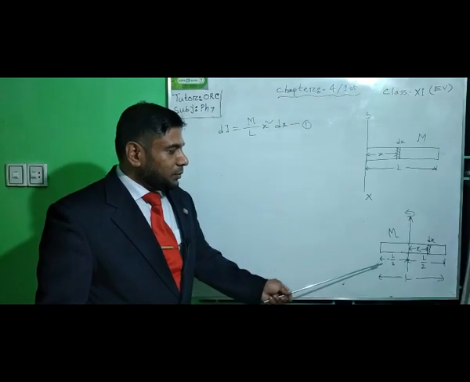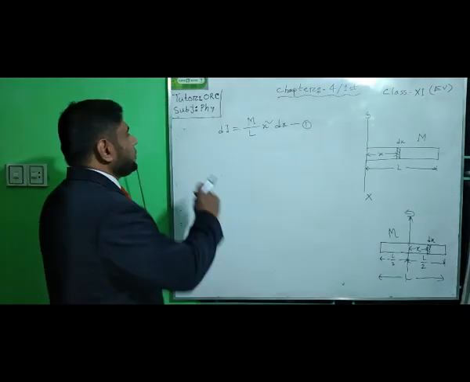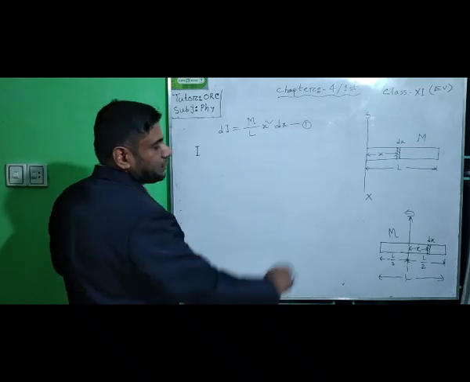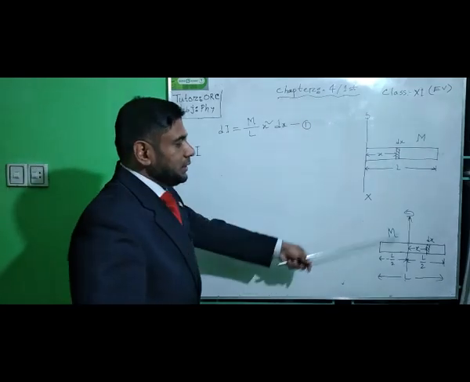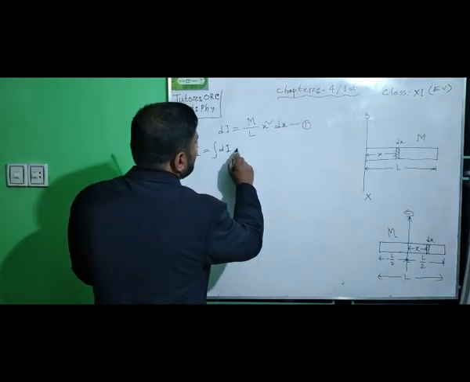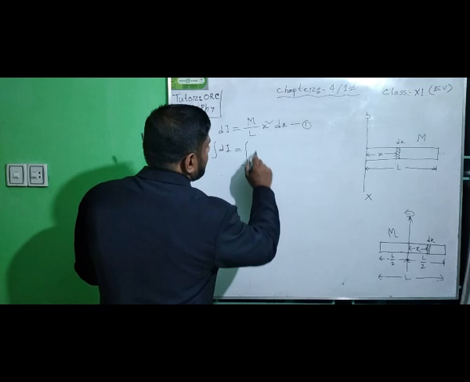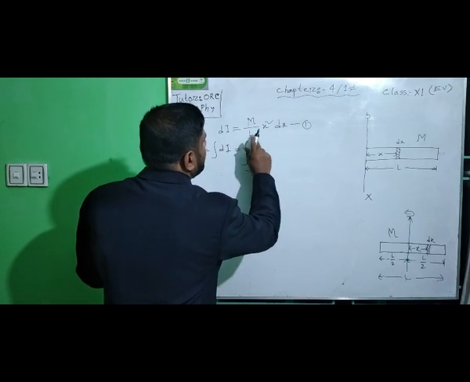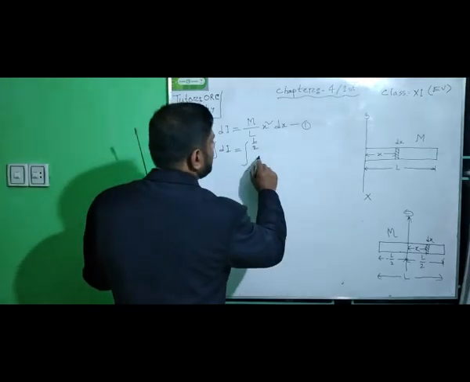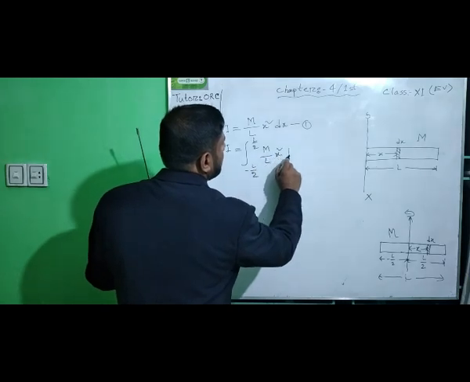So here the lower limit will be minus half L and the upper limit will be plus half L. So now the final moment of inertia for the full iron rod about this axis, I, will be the integral of dI from minus half L to plus half L, and the value of dI, let us put the same way, m by L x square into dx.